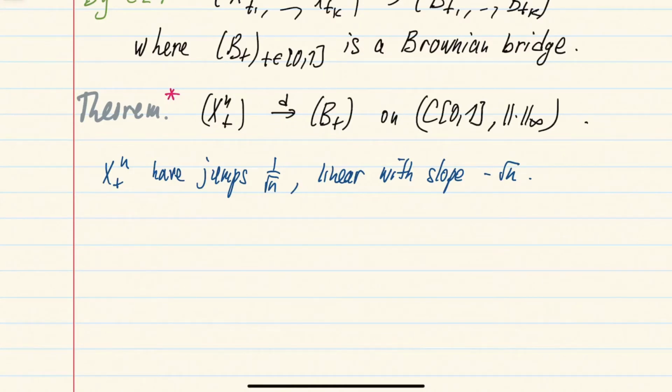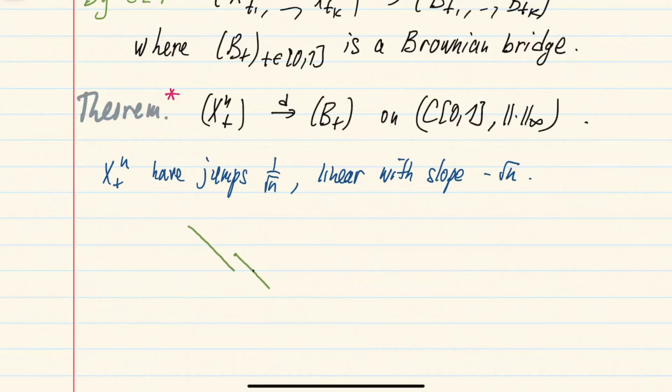And that means that if you look at the graph of this, you have some linear piece, then a small jump of 1 over square root of n, and another linear piece until you see the next jump. As a result, you can define a continuous version of this process, which is uniformly close to our process X_n.